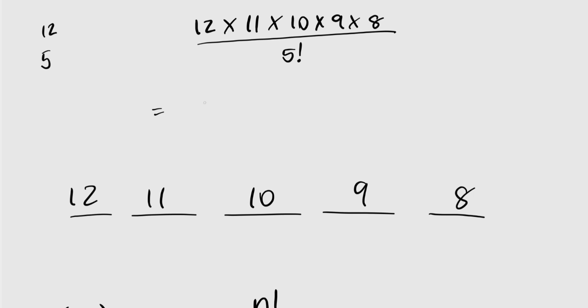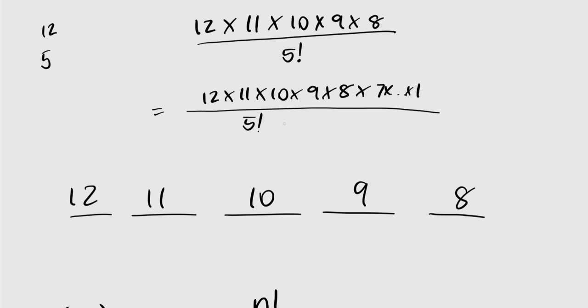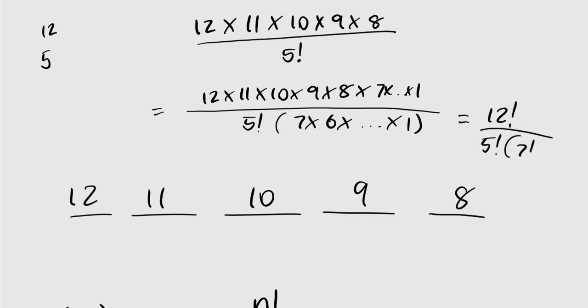But then this whole thing is multiplied by 7 times 6 times 5 times 4 times 3 times 2 times 1 over the same, and then these would cancel. That's why we can just do that, because it's the same as multiplying the whole thing by 1. And this is just the same as saying 12 factorial over 5 factorial times 7 factorial.